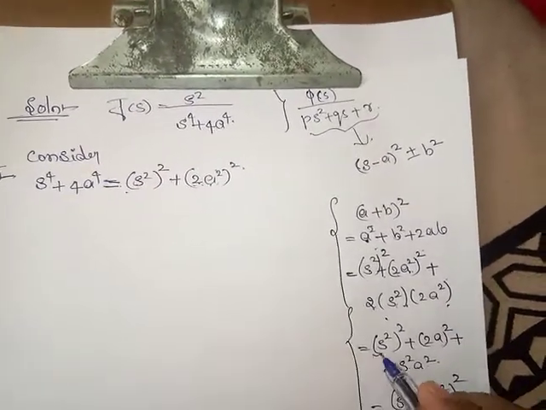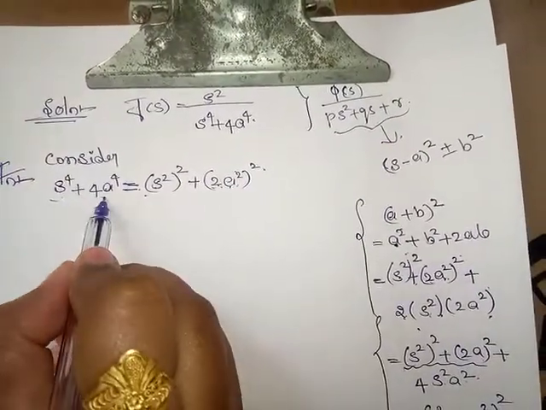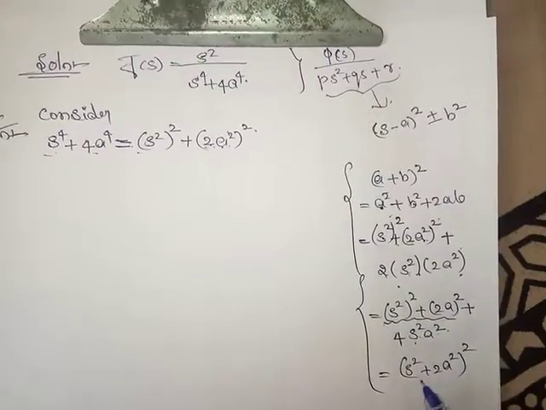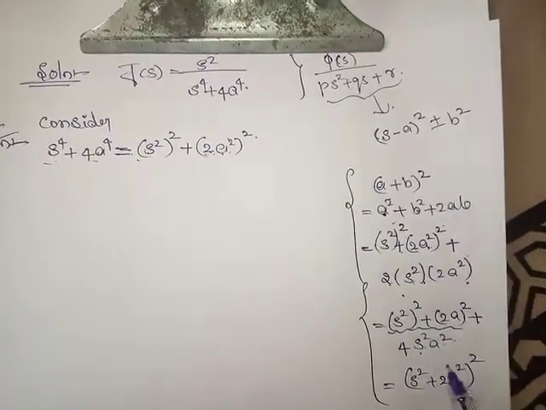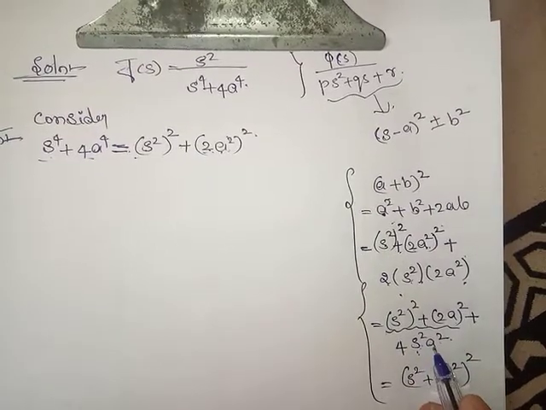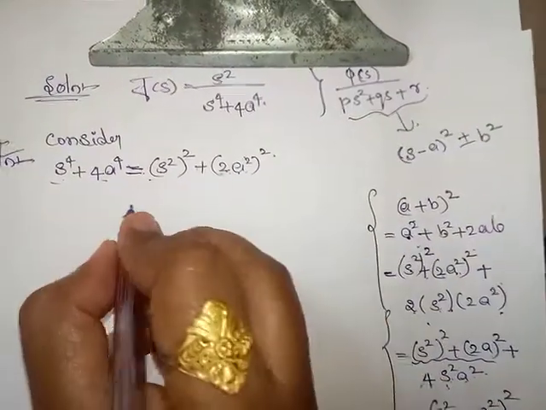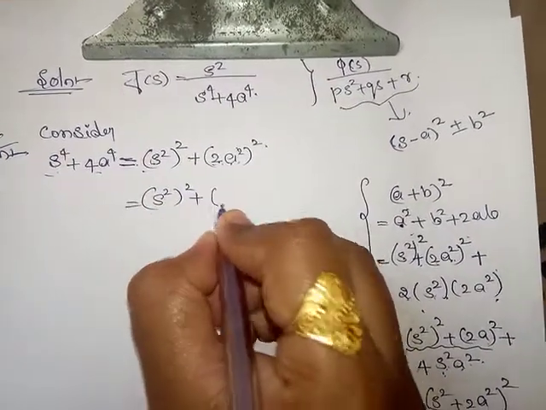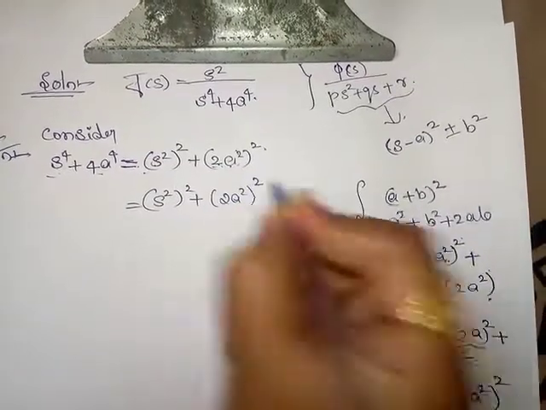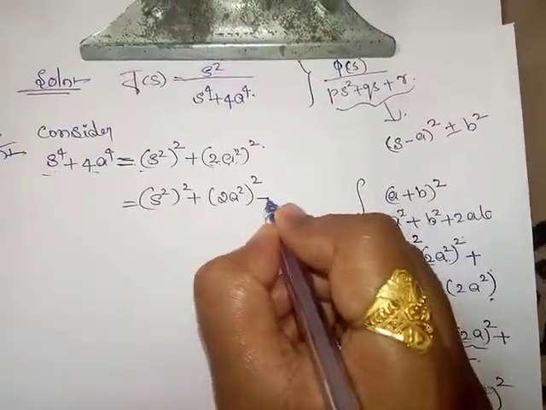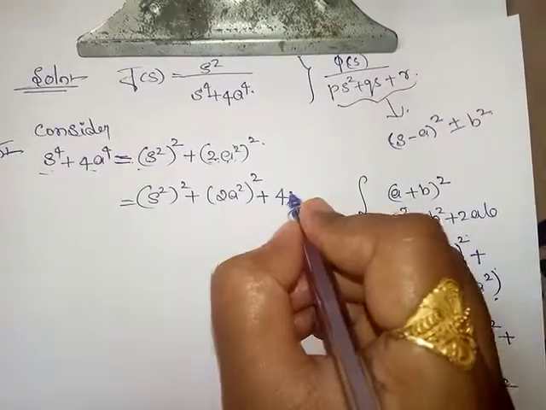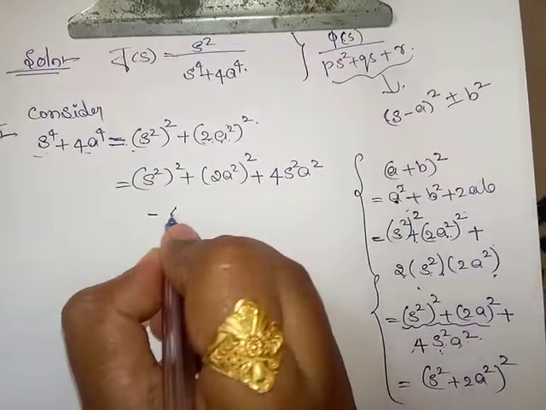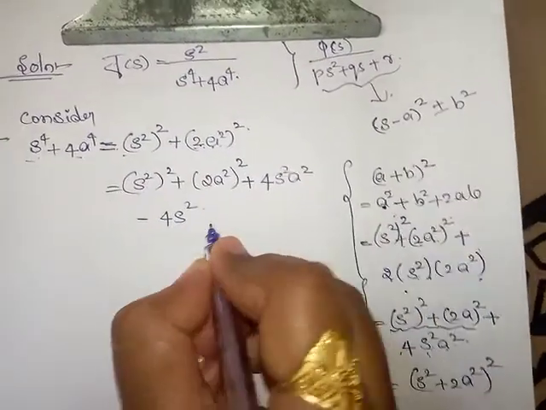But I have only these two terms in the denominator, so to write it in the a minus b whole square form, we have to add 4s square a square and subtract 4s square a square. We get s square whole square plus 2a square whole square, plus, first I will add 4s square a square, then subtract 4s square a square.